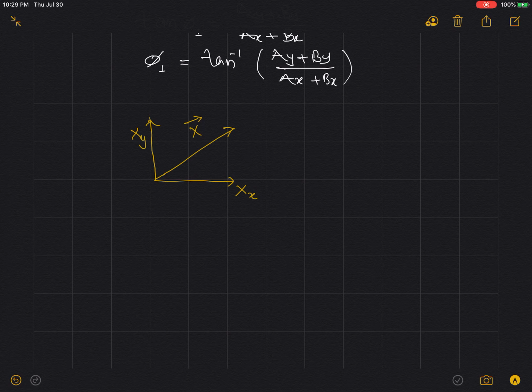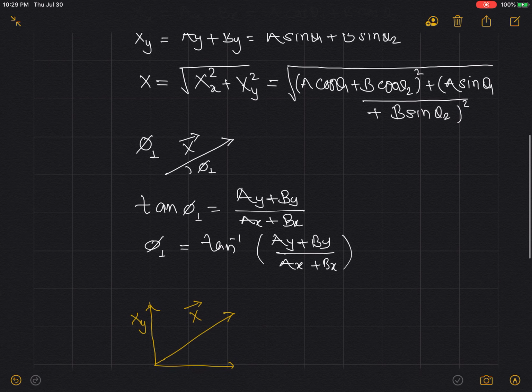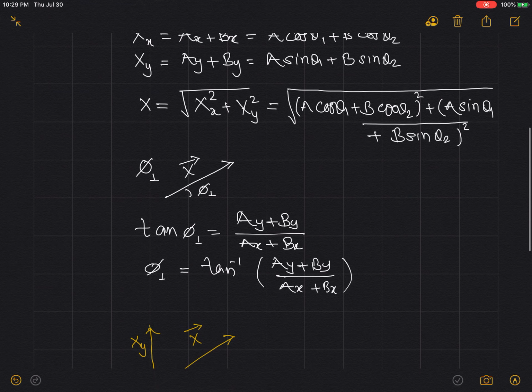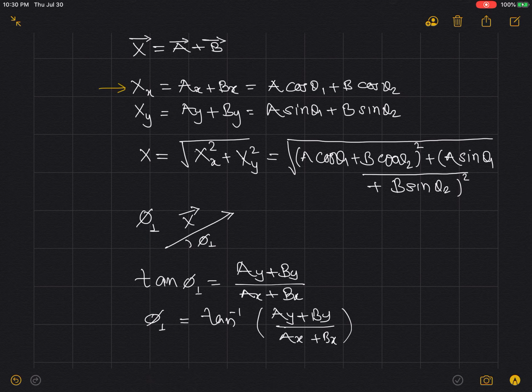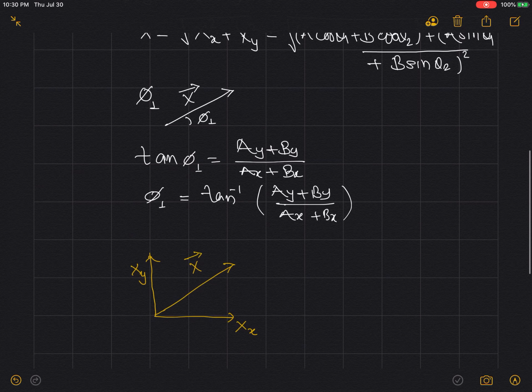In fact, we already have these components right here, or we can find them in terms of phi 1.